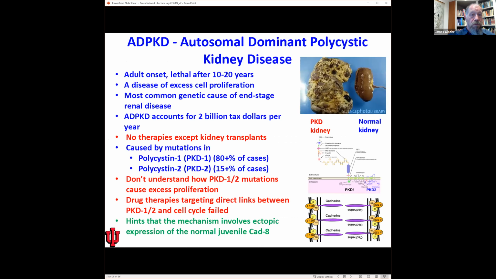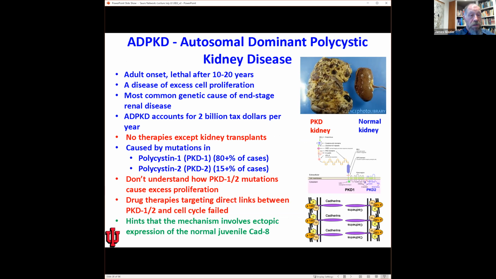Another kind of thing that we've worked on over the years is autosomal dominant polycystic kidney disease. This is a proliferative disease, a little bit like cancer, but it never becomes cancerous. In this case, the cells in your kidneys continue to proliferate, and they form cysts, and eventually you die when your kidneys get to the size of watermelons.